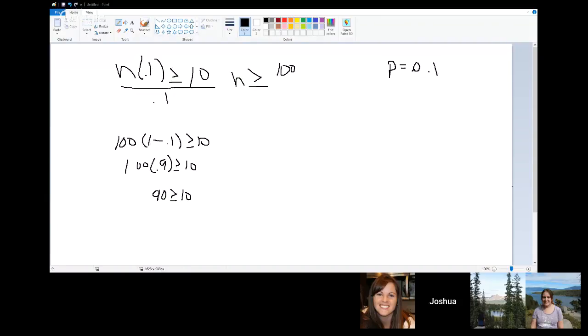Gotta figure it out. Right, come on, come on. Oh no! Negative 10.